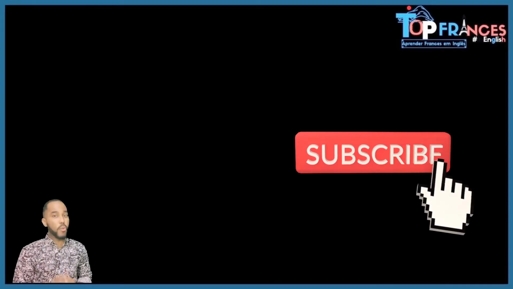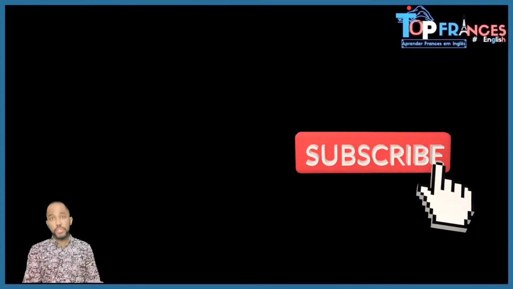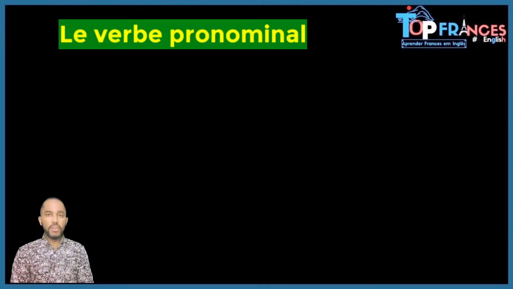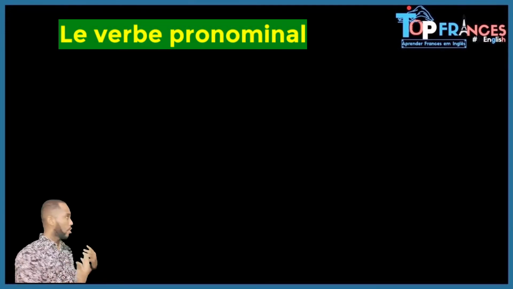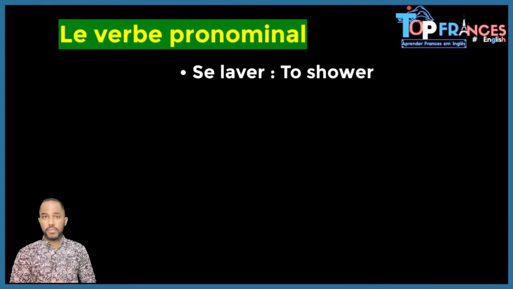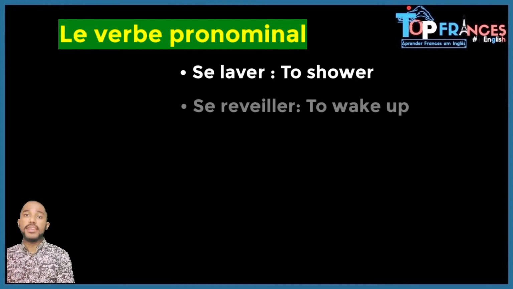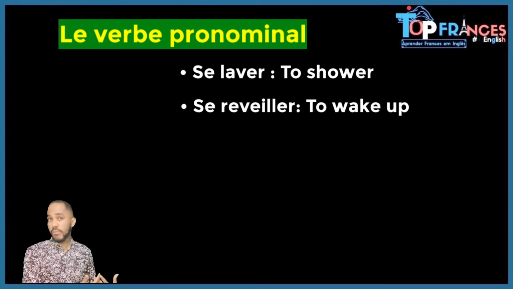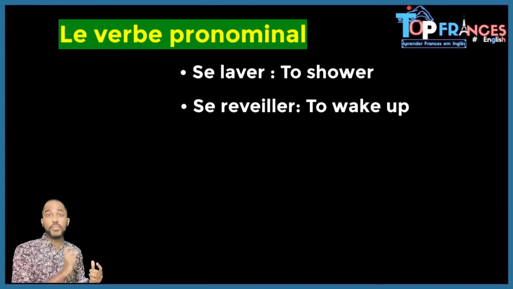The third reason we use the auxiliary être is with the pronominal verbs, les verbes pronominaux. For example, s'est lavé, s'est réveillé. You see, I have a pronoun connected with the verb.